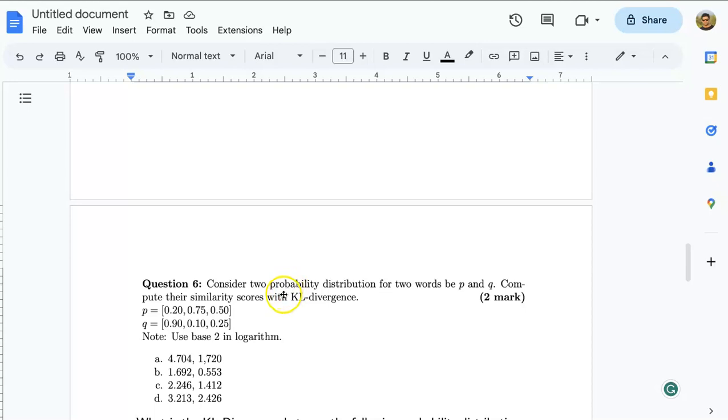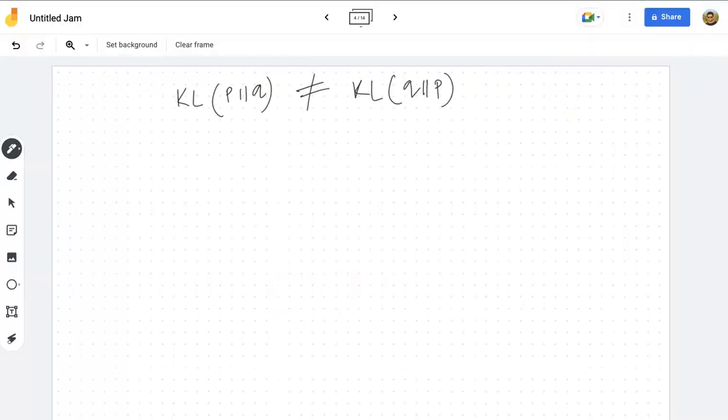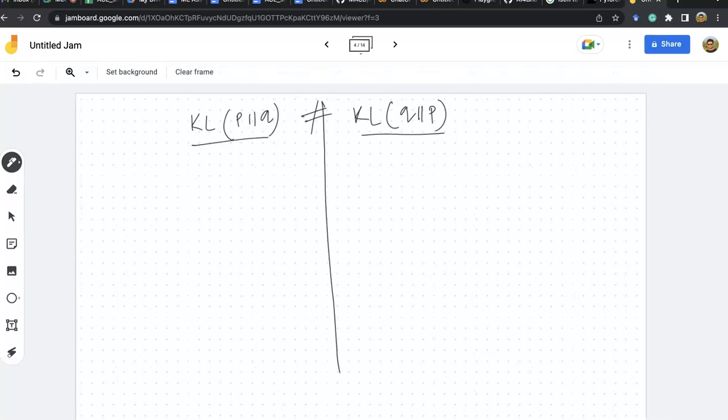They are asking to calculate the KL divergence from both directions, so basically we need to calculate two values, one for this and one for this.